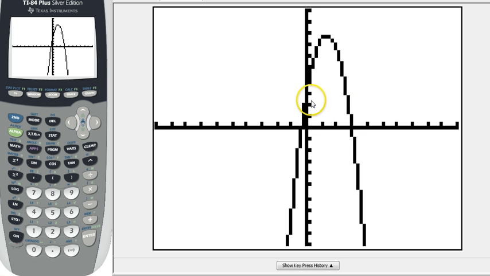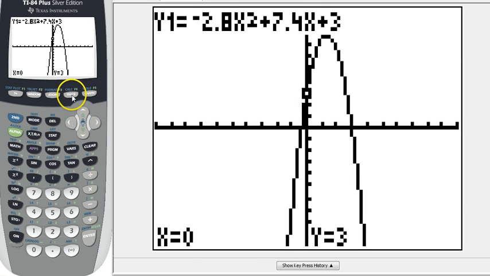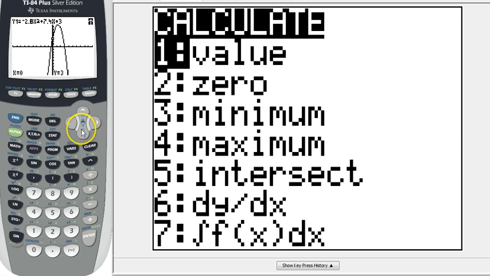I need my y-intercept, which is 0, 3. If you look back at the equation, if you put 0 in for x, you get a positive 3 out. That's where he starts. 0, 3, there it is right there. We need to find the maximum and the intercept. Let's do that. So whenever I sketch, I like the important information. So second trace.